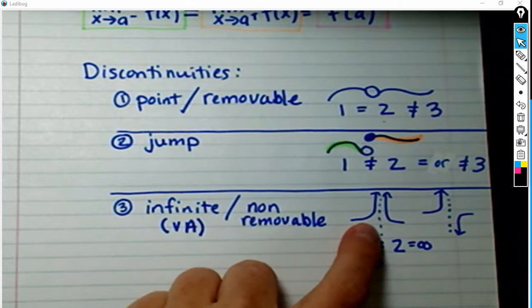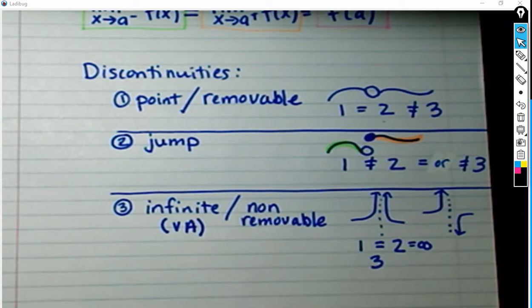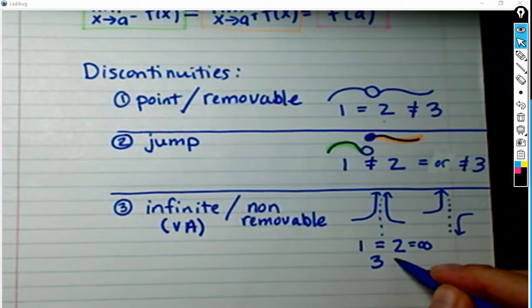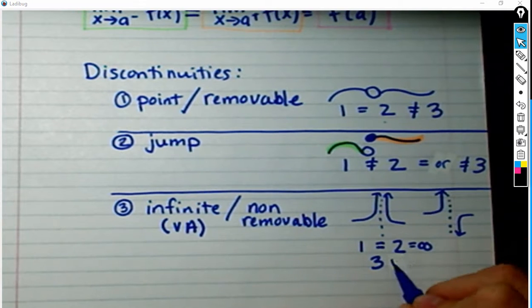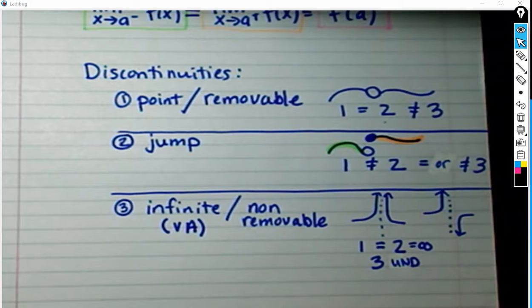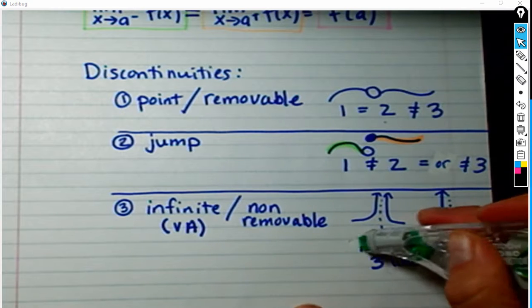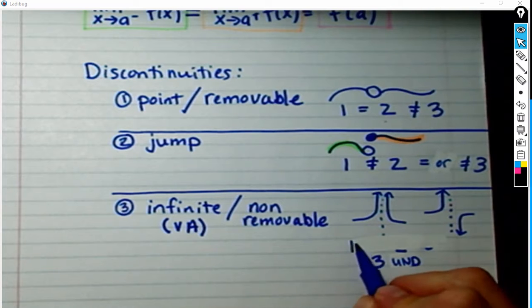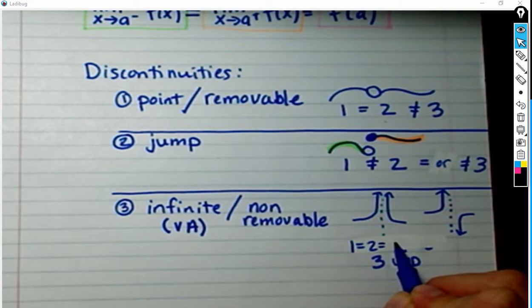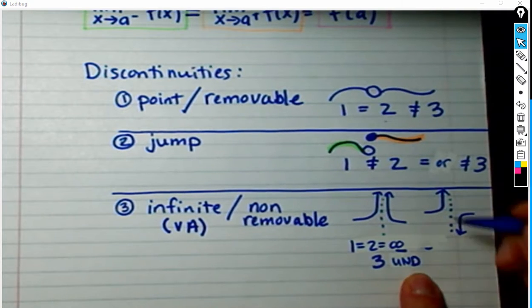Is there a point here? No. So it is undefined. Okay, so 1 equals 2 equals positive infinity.